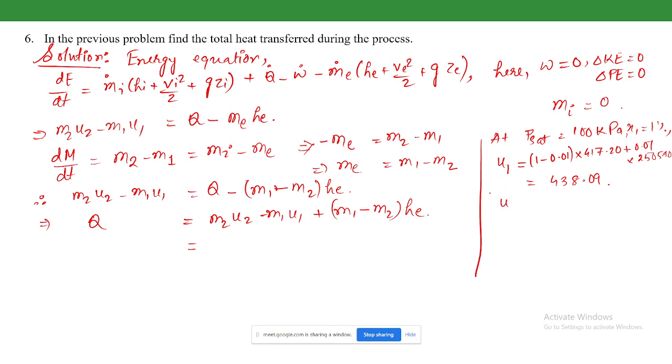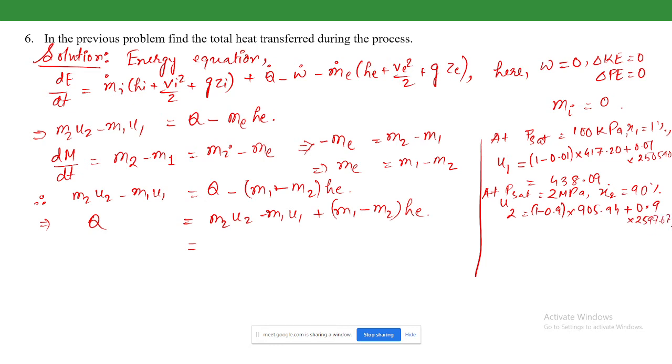Then u2 is what? At P saturation equals 2 megapascal, and x2 is equal to 90%. So u2 is equal to (1 minus 0.9) times 905.94 from the property table, plus 0.9 multiplied by 2597.67.